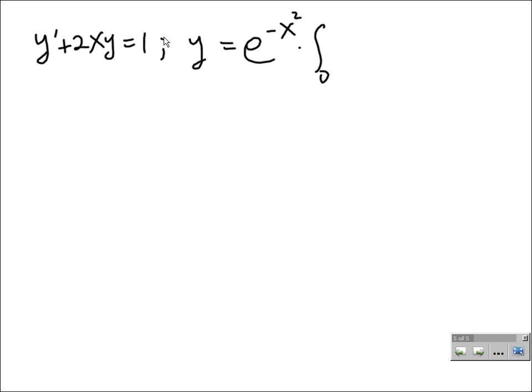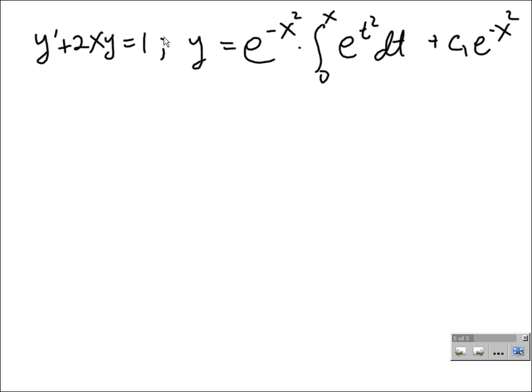Now, here is a nice looking differential equation, y prime plus 2xy equal to 1. And you're told that the answer for this is y equals e to the negative x squared times an integral from 0 to x of e to the t squared dt, just one term, plus c1 e to the negative x squared.